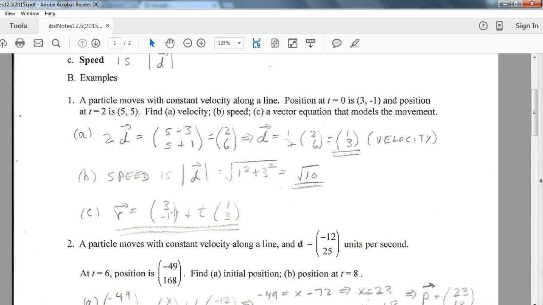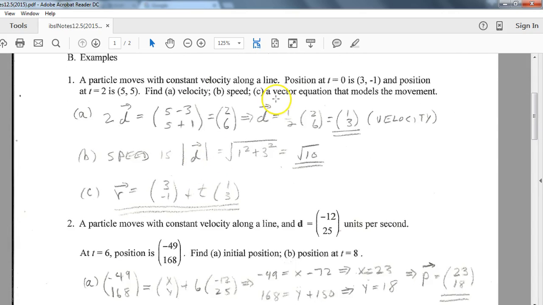Looking at a few examples here. A particle moves at a constant velocity along a line, and its initial position when t was 0 was 3, -1. Here's our position vector at 3, -1. That's our starting point, so you'll see that right here within the equation. Then 2 seconds go by and our new position is at 5, 5.